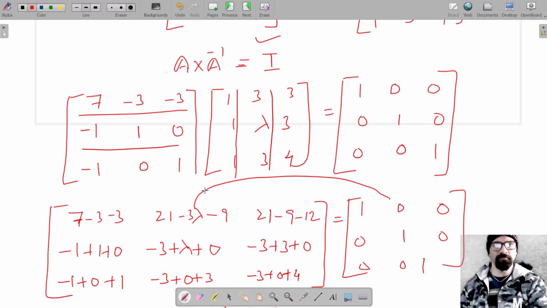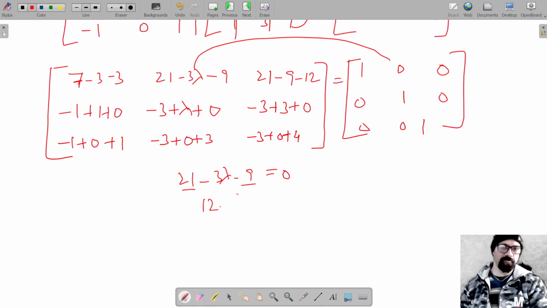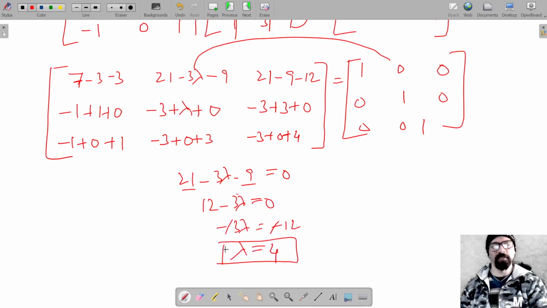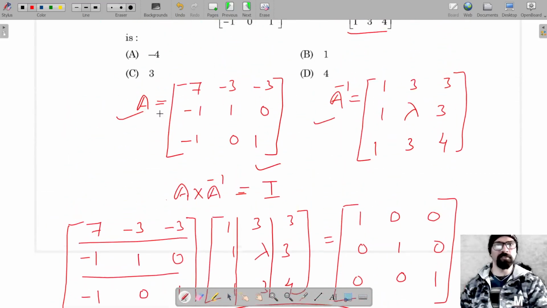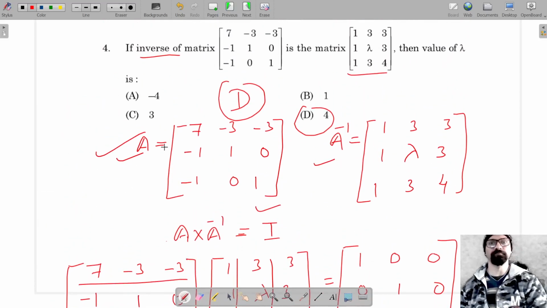Now 21 minus 9 is 12. So 12 minus 3 lambda is equal to 0. Minus 3 lambda is equal to minus 12, which gives me lambda is equal to 4. So the value of lambda is 4, which means D is the correct option for this.